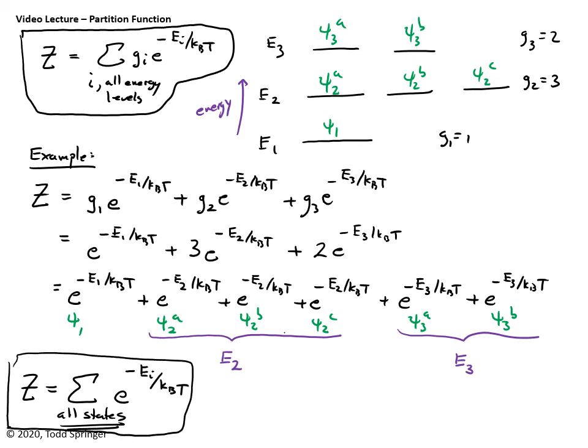Sum over all states. And now I can explain why it's called Z, because it came from German. Z in German stands for Zustandssumme, which, if you translate it from the German, means sum over states.